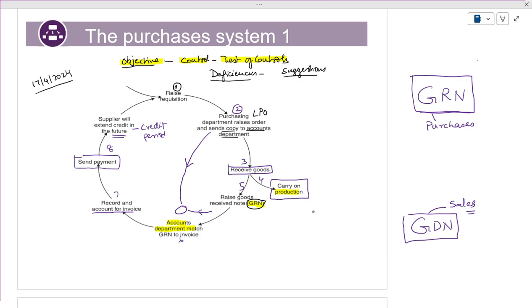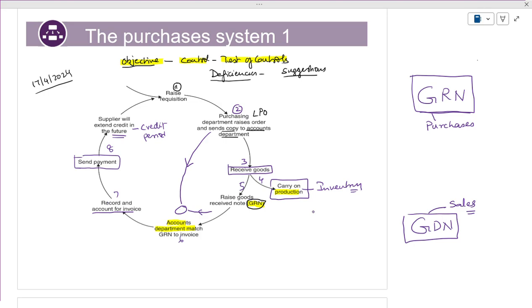Once you have received the goods, definitely you will not keep the goods. You will transfer them to production or to inventory, whatever the rule says, to that department. You will call the department and say, take your goods.